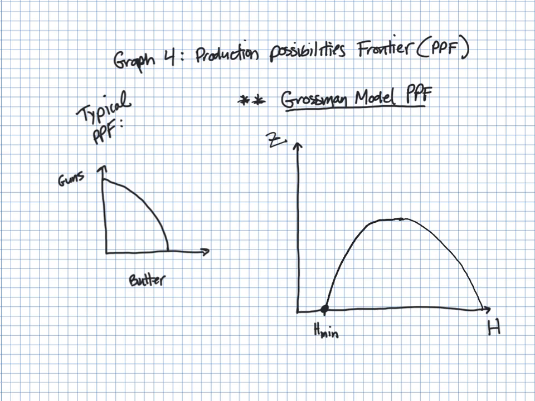Yes, we're maximizing H, but we get zero home good. So we're back down to the x-axis here. We can refer to this as H max, the maximum possible health we can produce. The peak of this curve, we could think of as the maximum home good we can produce. We could call this Z max.